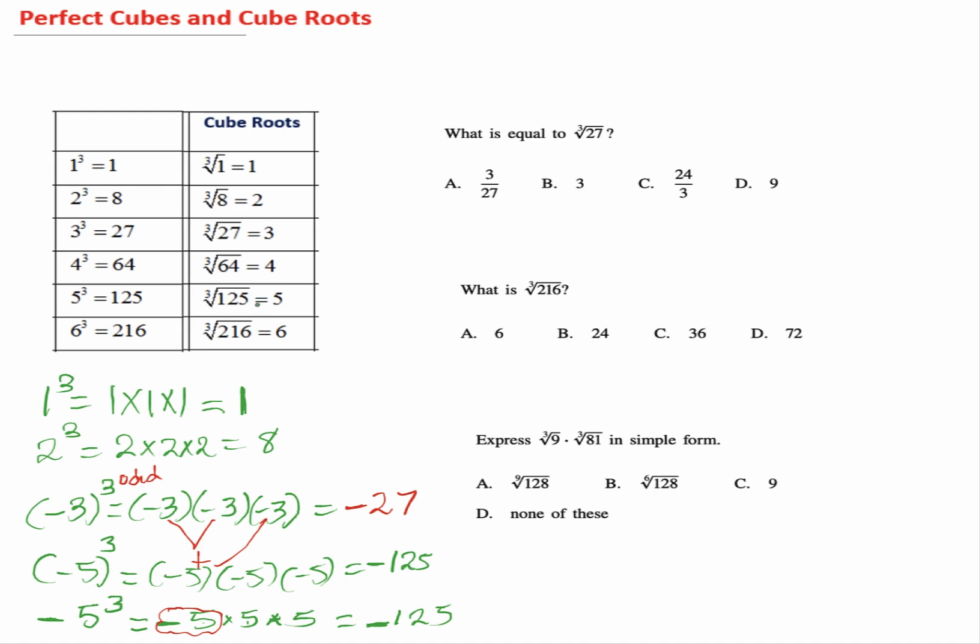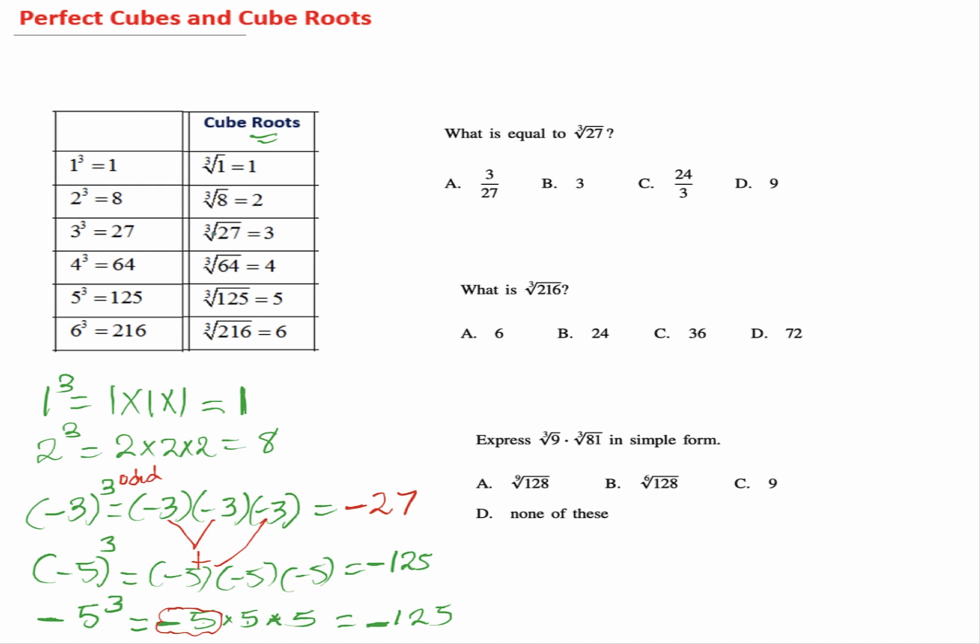Now, if you memorize your cubes, then when they ask you for the cube root, they're going to mostly ask you for the cube roots of perfect cubes. So if I know 1 cubed is 1, then the cube root of 1 is 1. If I know 2 to the third power is 8, if I take the cube root of 8, I should get 2, because the cube root is the inverse of cubing, which is like the opposite. 3 to the third power is 27.